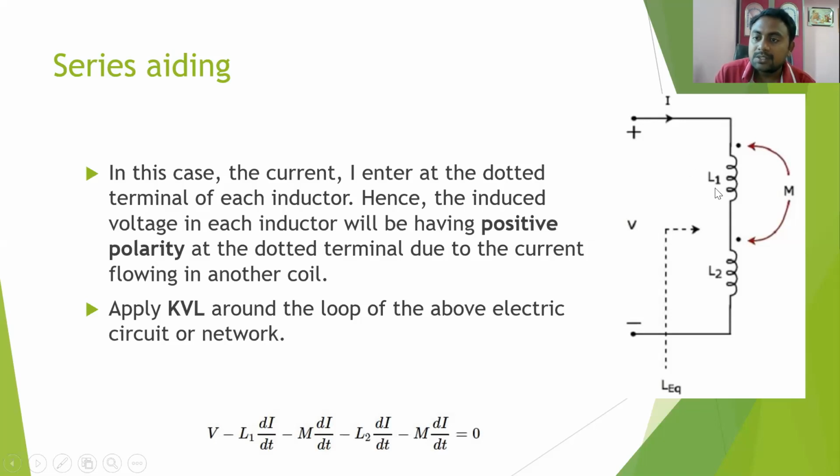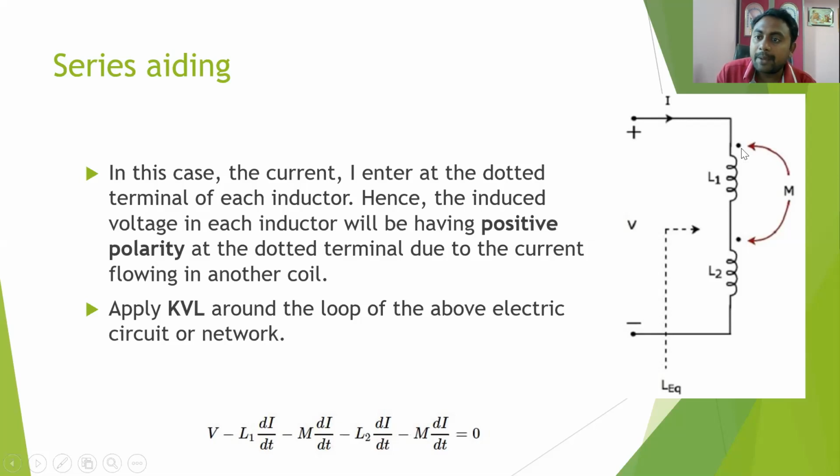Minus for Lenz's law, L1 is the self-inductance, and i1 is the current flowing in coil 1. Since in series I equals I1 equals I2, I write minus L1 di by dt.